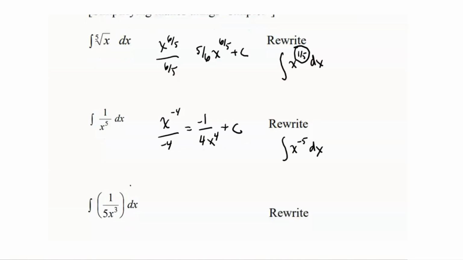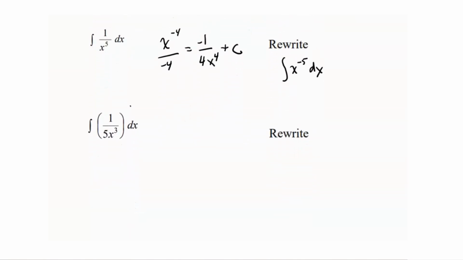All right, and then the last example, we have 1 over 5x cubed. I would bring the 1/5 out front as a constant and then call this x to the negative 3 dx. So again, if we add 1, we would get x to the negative 2 over negative 2.